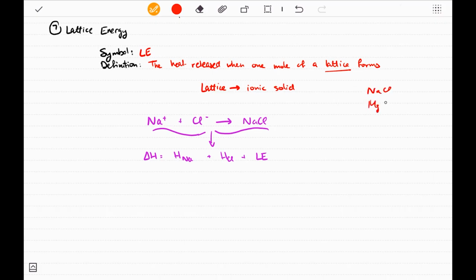All you need to know is that whenever we have a reaction where an ionic salt forms, the sum of energy involved in this reaction is the energy of the first reactant plus the energy of the second reactant plus the lattice energy. We shouldn't ignore it. Again, I will be doing this in much more detail in another video, or somebody else will. This is just the definition for now.